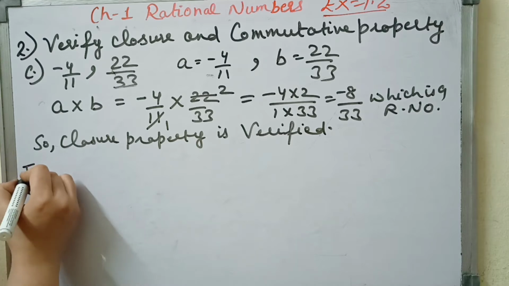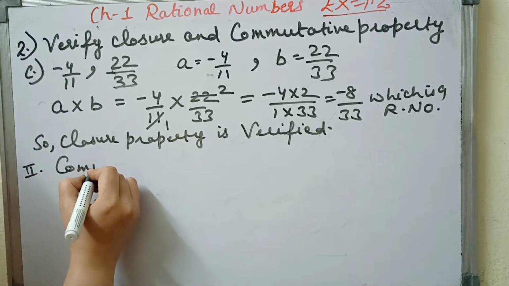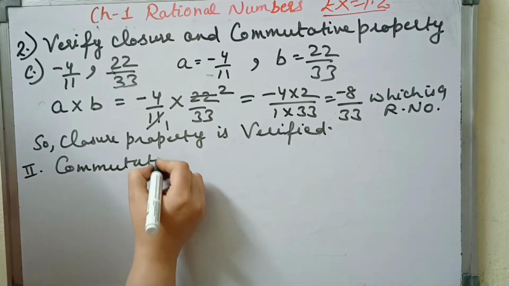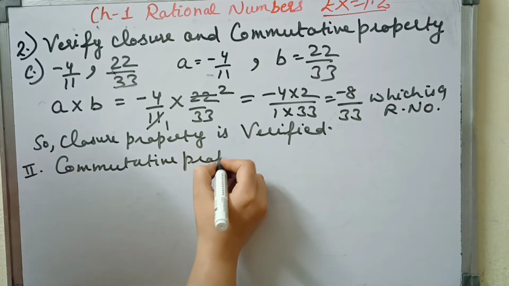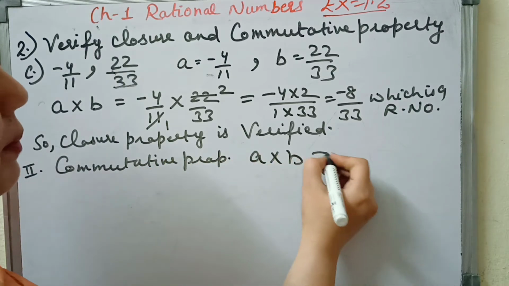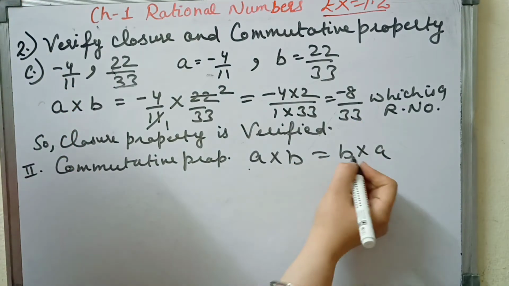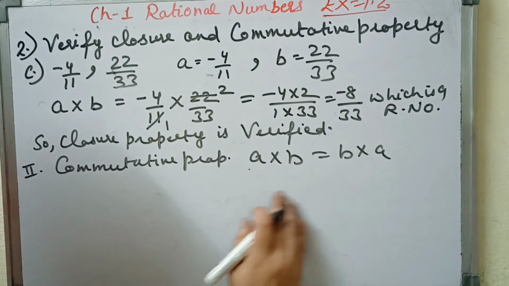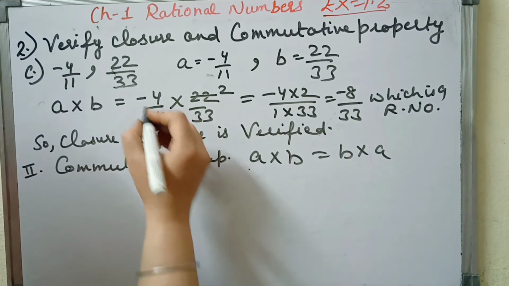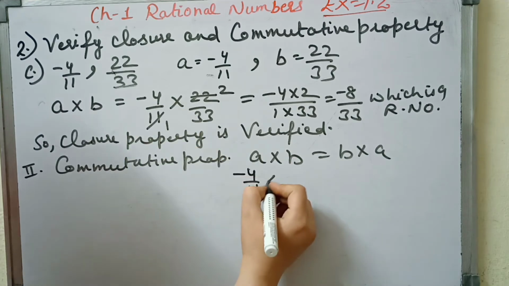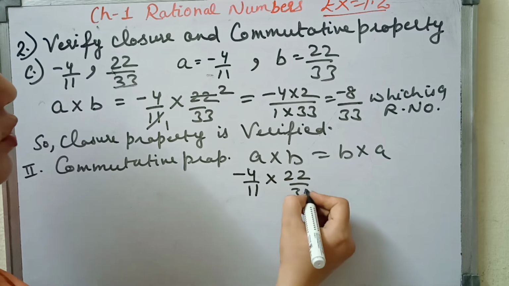Now next is commutative property. According to this property, A multiplied by B equals B into A. Now I put the values in both sides and see whether the result is the same in both sides or not. Now A is minus 4 over 11 and B is 22 over 33.